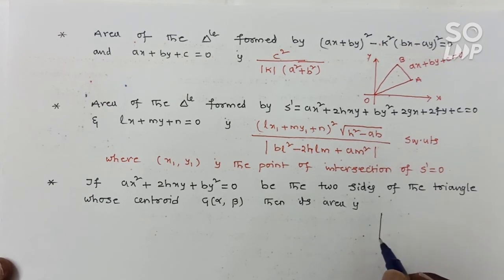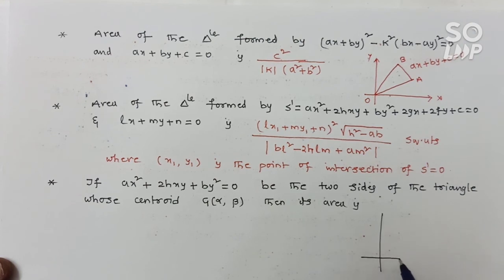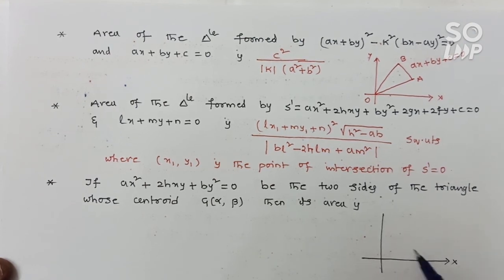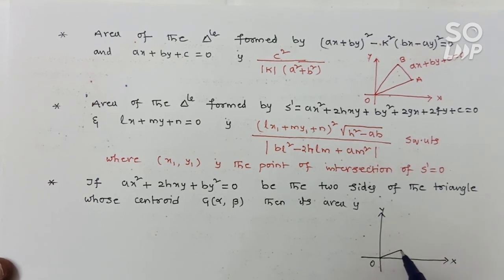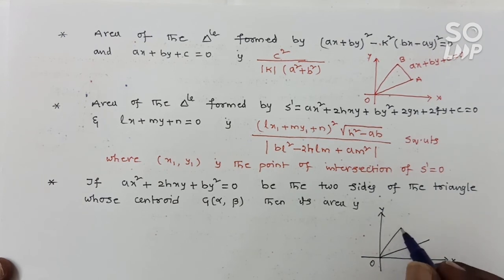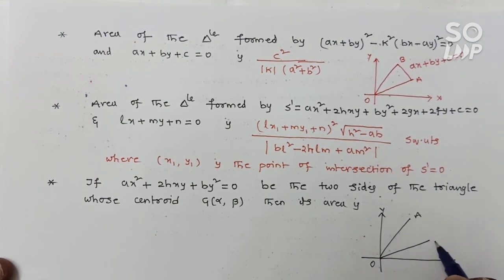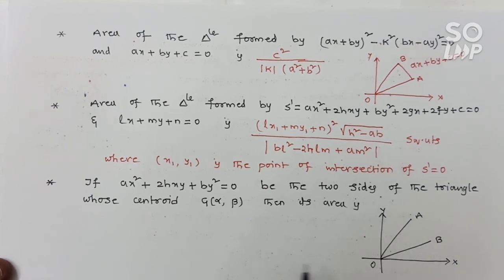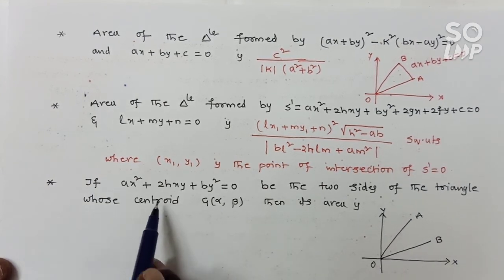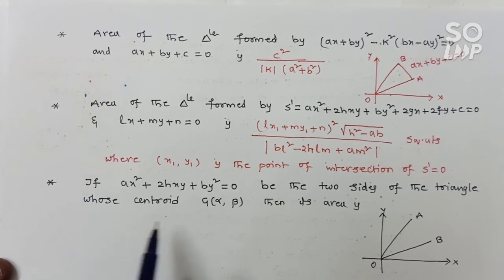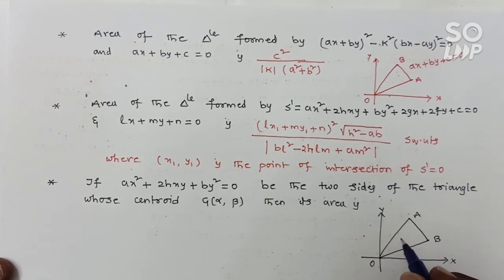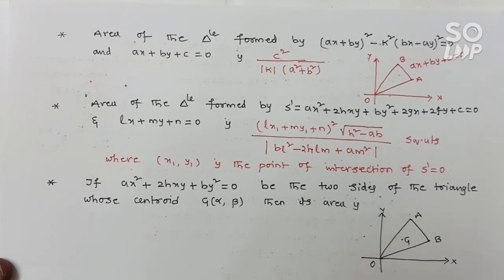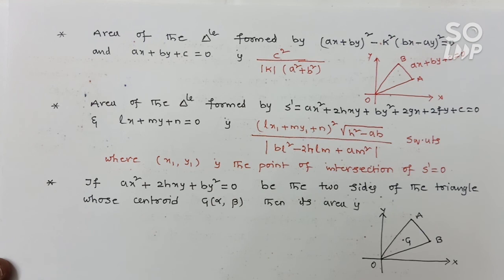Here the given equation is homogeneous, which means it represents lines passing through the origin. So that means if I am given two sides of a triangle represented by this equation, whose centroid is G, here the third side is not given, only the centroid G is given, then what is the area of the triangle?